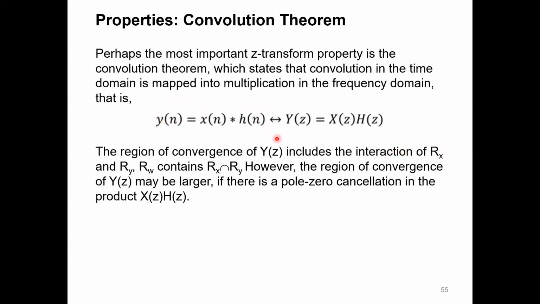Now, the beauty of this one is that convolution is mathematically very complicated, right? But if you look at the same process in the Z world, it is very, very simple. You have the zTransform of the signal. Also, you have the zTransform of the system, right? So they are just simply multiplying each other. That's it. Multiplying each other.